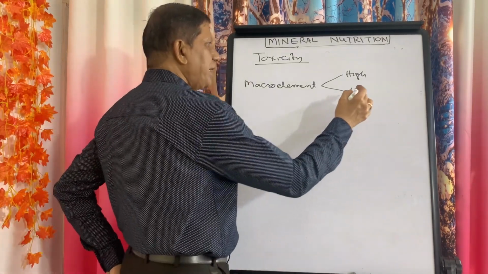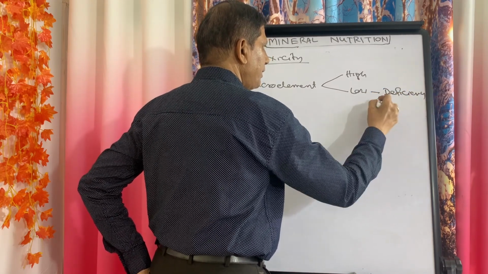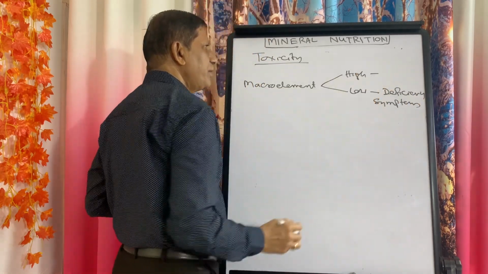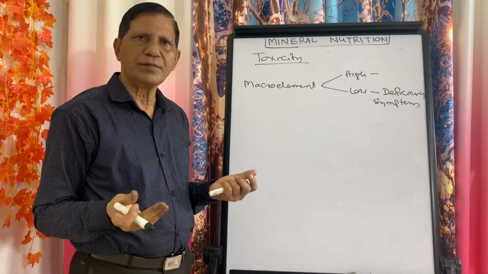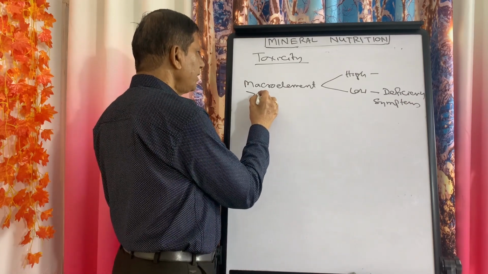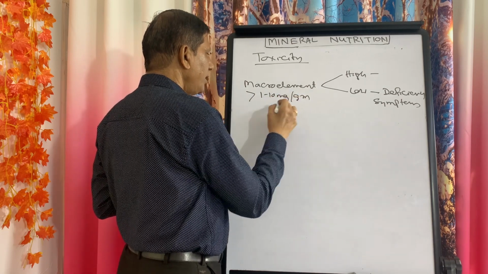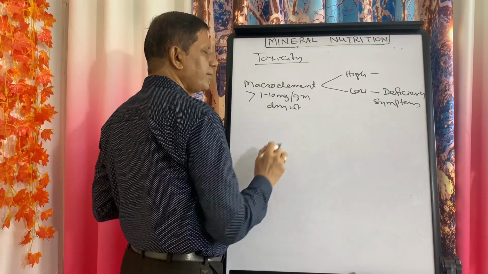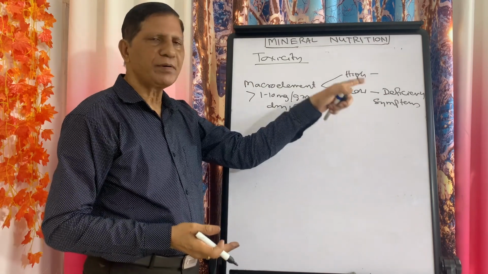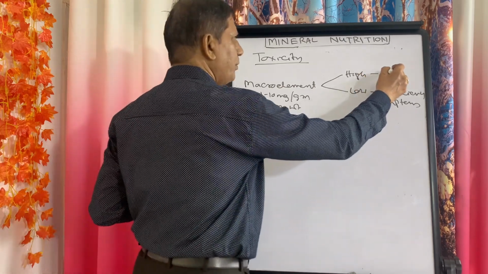When they are present in very low quantity, it will lead to deficiency symptoms, which we have discussed. And when the concentration is very high, nothing will happen, because macro elements are present in a greater concentration, greater than 1 to 10 milligram per gram dry weight of the plant body. So if their quantity is more, there is no problem. But if it is less than the critical concentration, it will lead to deficiency symptoms. And in this case, there will be no problem.